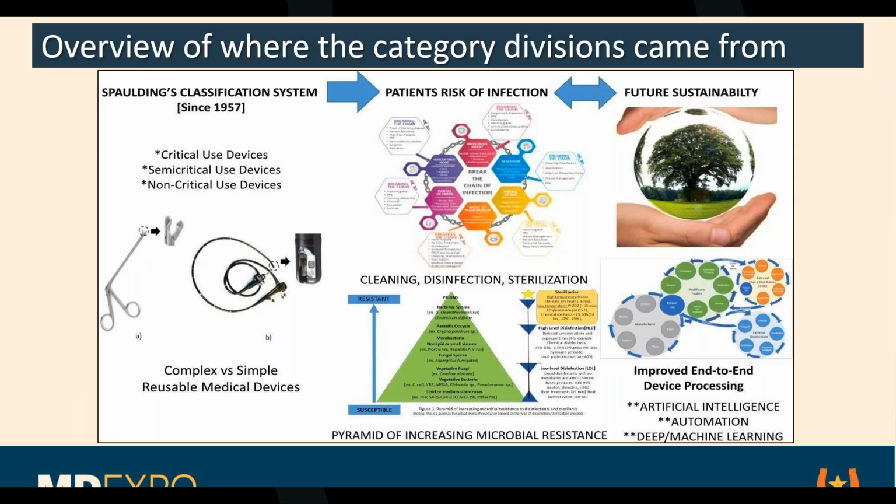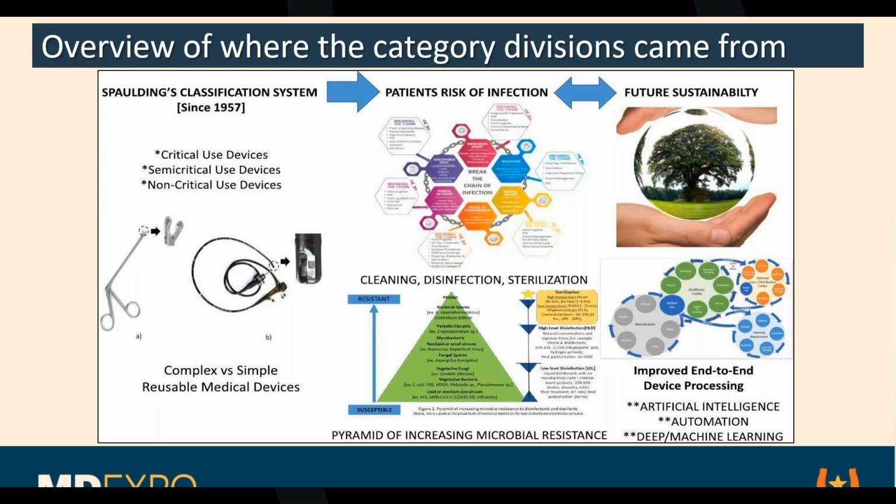So we got to take a look at all the devices we're using and what's being treated, what the indications for use could be. And you can see we went from complex versus simple reusable devices with the disinfecting, from scalpels all the way up to now we're doing high level disinfecting on transesophageal probes and other really complex types of devices.